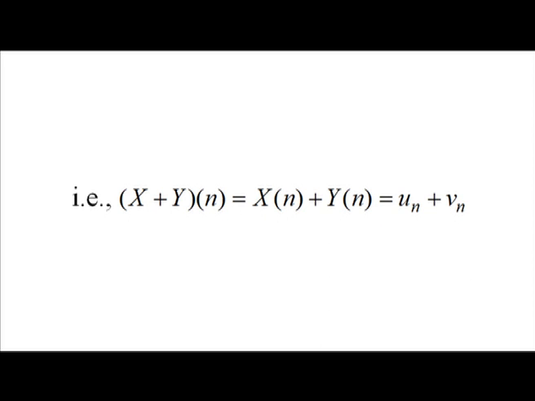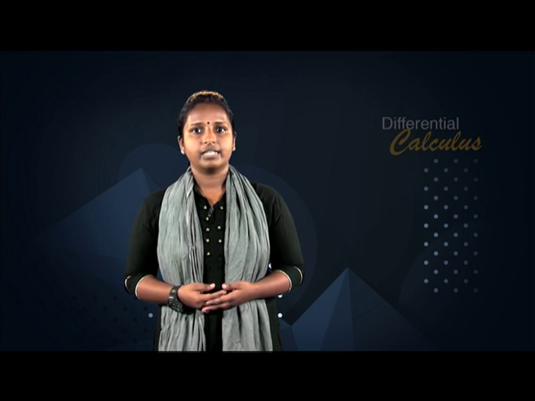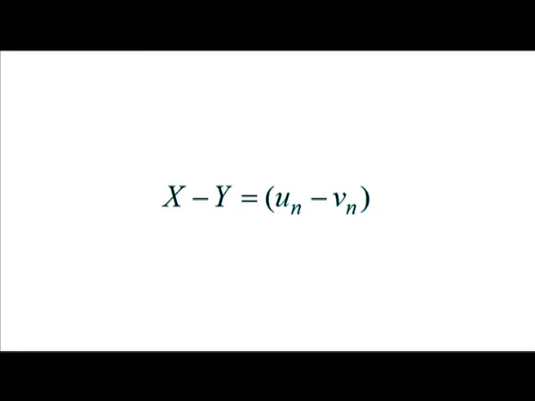That is, x plus y of n equal to x of n plus y of n, which is equal to un plus vn. Similarly, we define their difference to be the sequence x minus y equal to sequence un minus vn and their product to be the sequence x into y equal to sequence un vn.